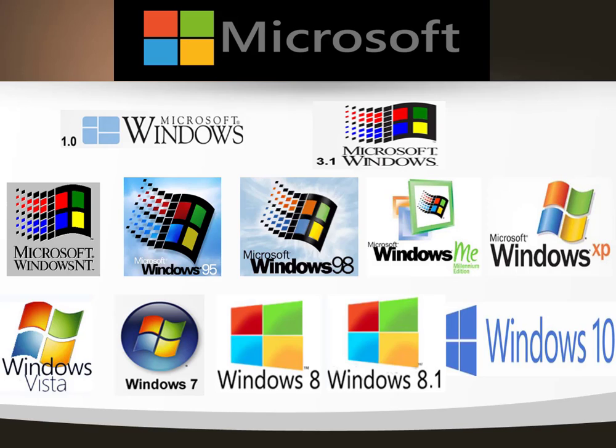But in general, we use our Windows interface to interface with our different users, the files and folders on our system, the various applications, as well as communication with our hardware.